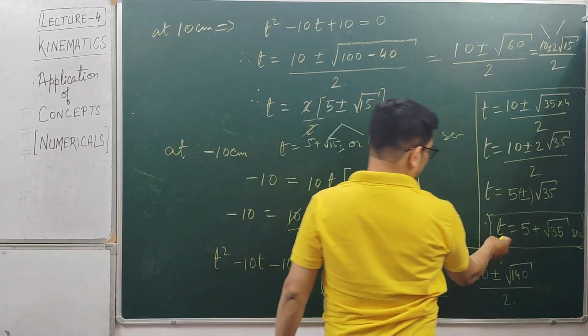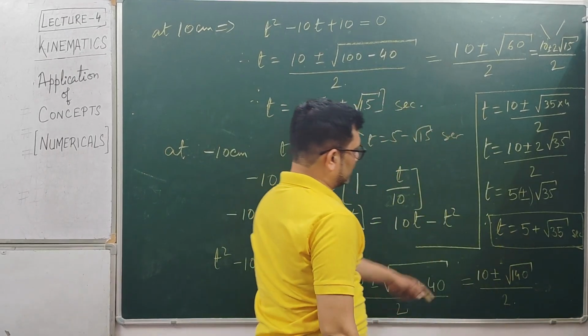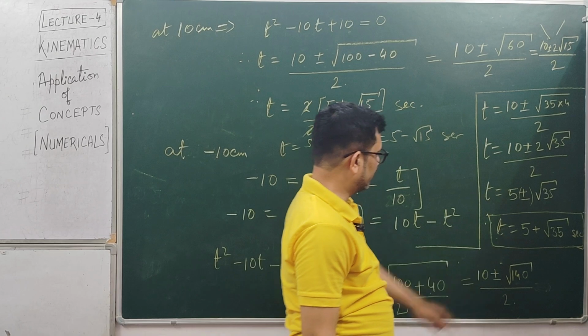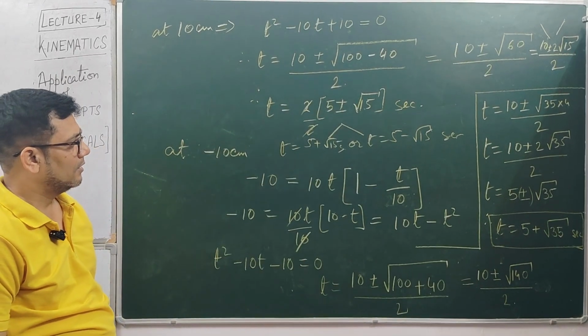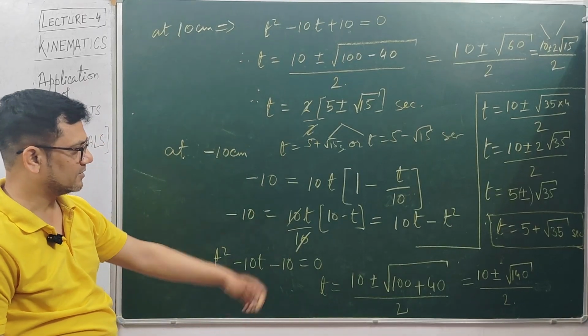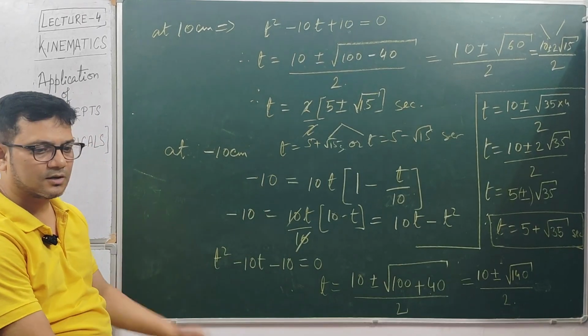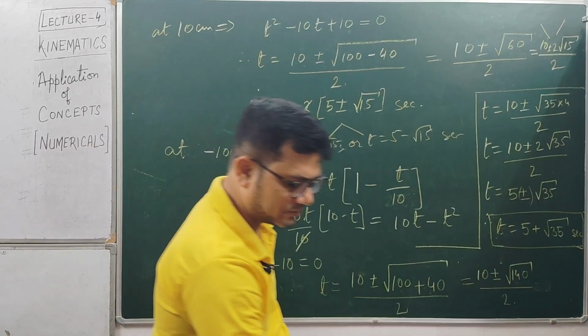However, here we'll just have 5 plus root 35 because we cannot take negative here. The negative would cause the time to go negative, which is not possible. So these are the calculations. You can take note of it, try to work it out, and try to understand how we got those answers.